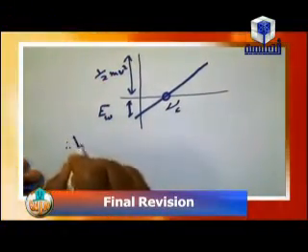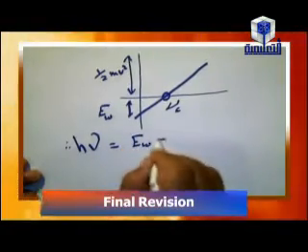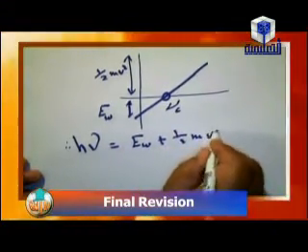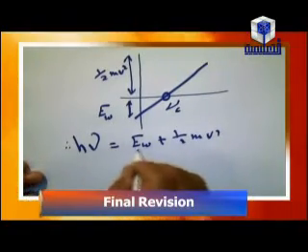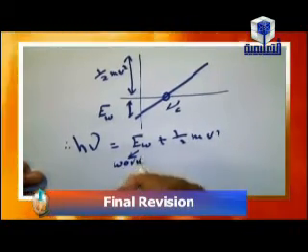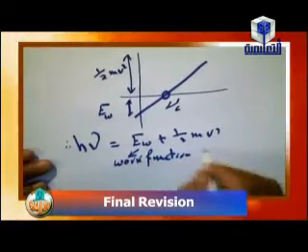So h nu is equal to E W plus half m v squared. E W is the work function. Work function depends on the type of material.